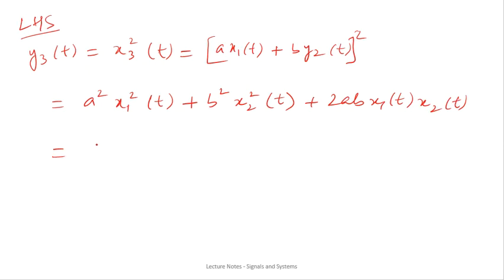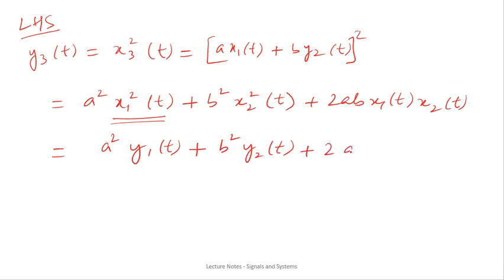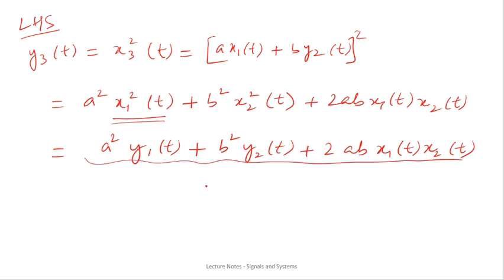This first term can be written as a square y1(t), because this corresponds to y1(t). Similarly, this second term can be written as b square y2(t) plus this cross part, which we cannot replace.